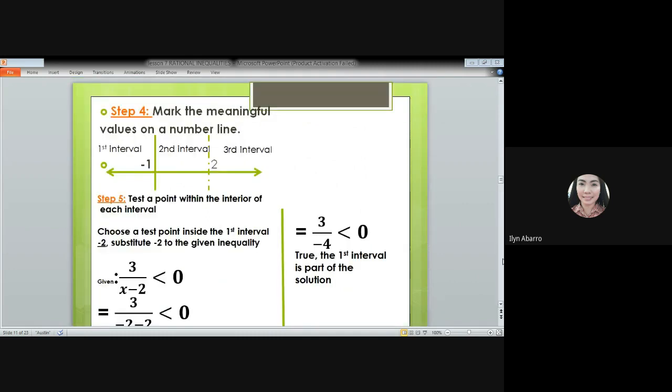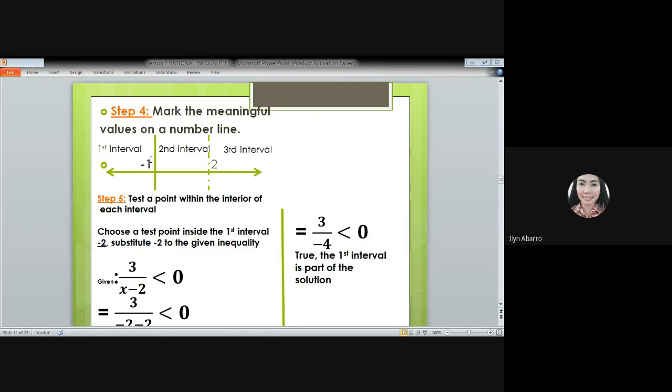Okay? Step 4, mark the meaningful values on a number line. So the meaningful values are negative 1 and 2 again. So in here, for negative 1, I draw a solid line, because negative 1 is included in the solution. And 2 is a broken line because 2 is not included in the solution. So there, we form 3 intervals.